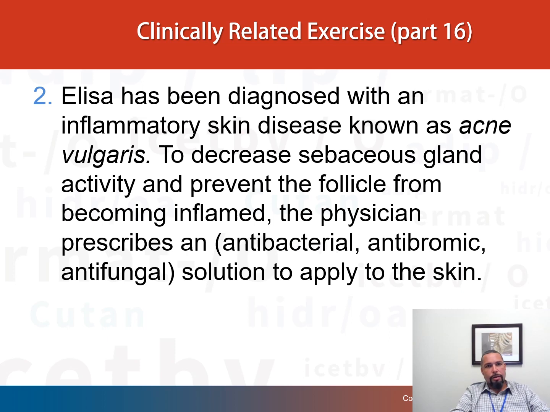Elisa has been diagnosed with an inflammatory skin disease known as acne vulgaris. To decrease sebaceous gland activity and to prevent the follicle from becoming inflamed, the physician prescribes an antibiotic, antibromic, or antifungal solution to apply to the skin. Which one of these do you think would be correct?